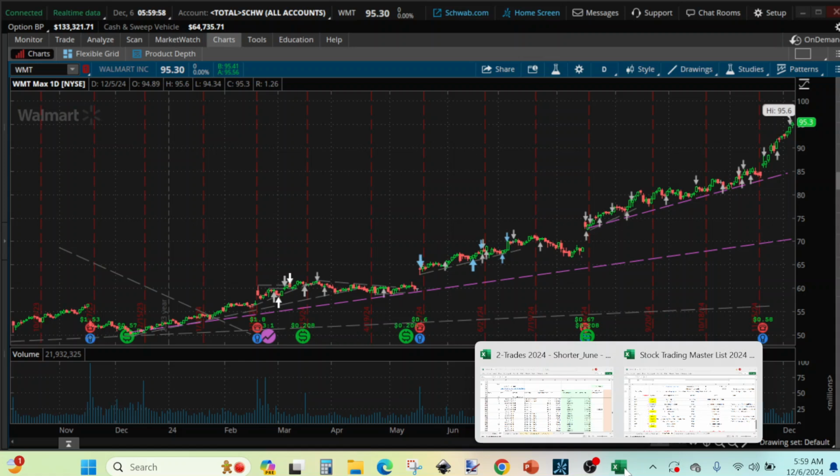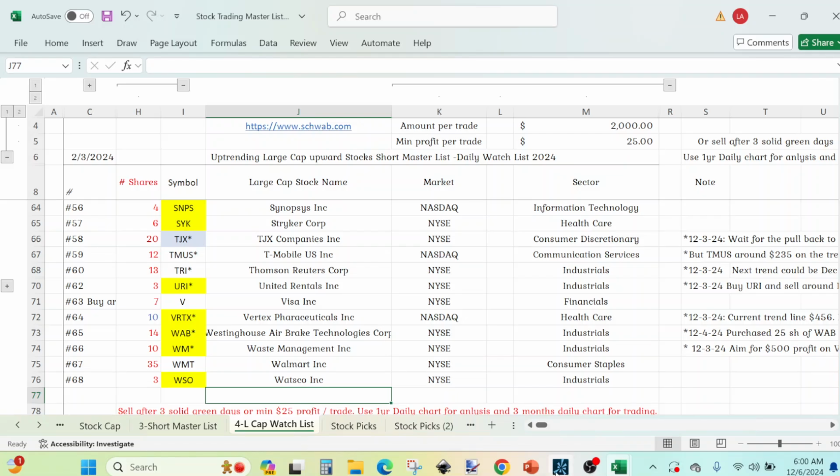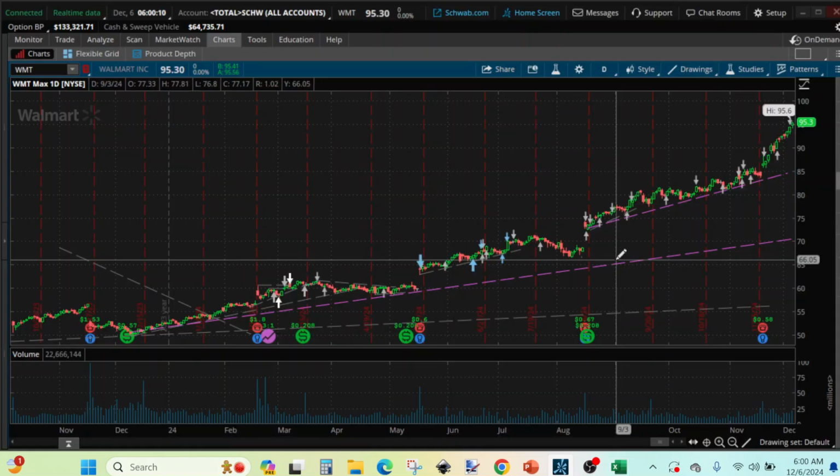So for a short period hold, the top one will be okay, but the bottom one is the one that gives us more certainty that it may not go lower than that if it's following that trend line.